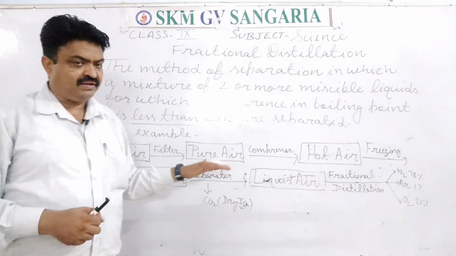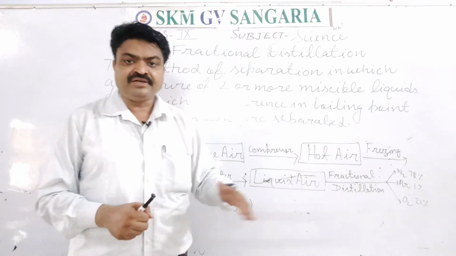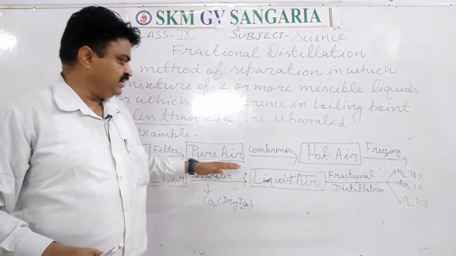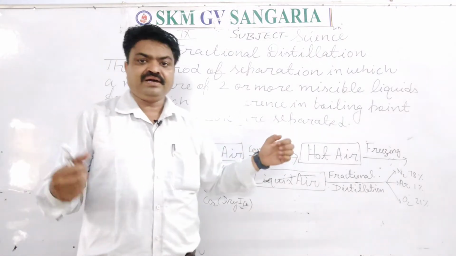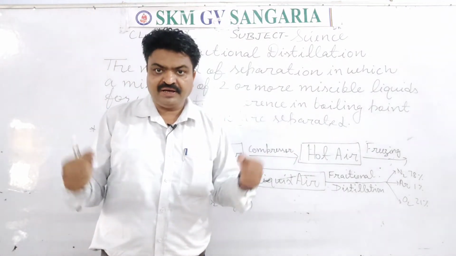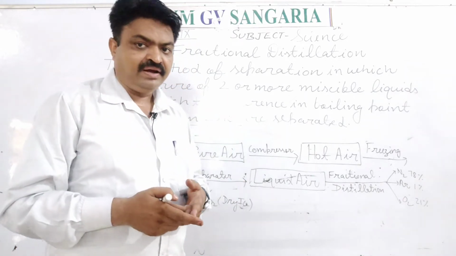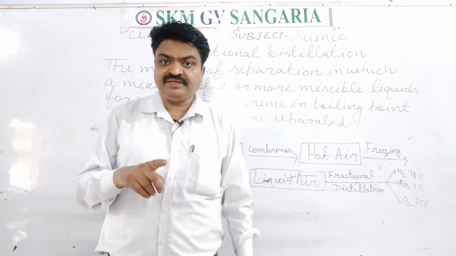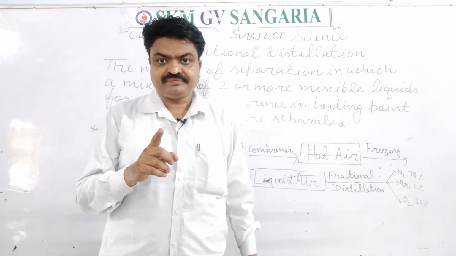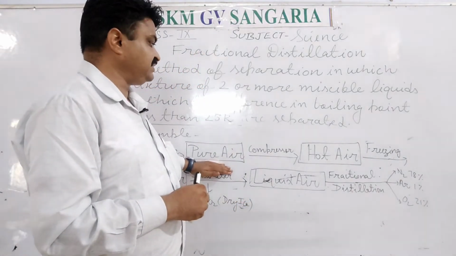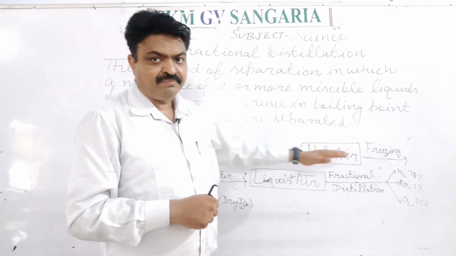The air that we get is dust and smoke free air, student. Now that air is compressed with the help of pistons. Two pistons are applied on that air, and due to that compression the air becomes hot.